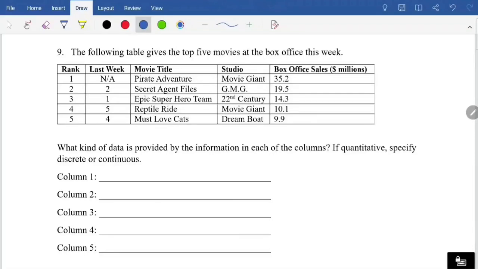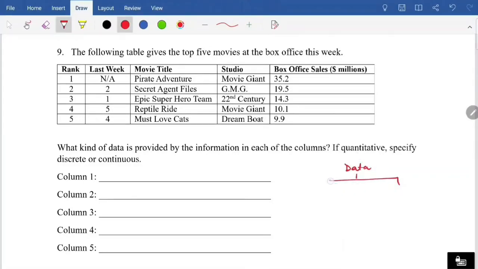Now, question number 9 is on the different data types that we learned about. So the qualitative data, quantitative data, and quantitative data can be further divided into discrete and continuous. So let me just draw a picture here. Right, we said data is of 2 types.